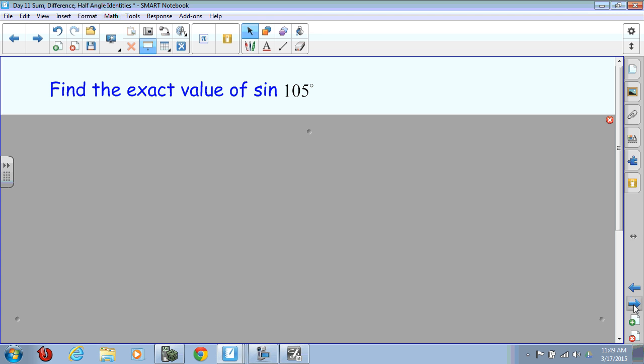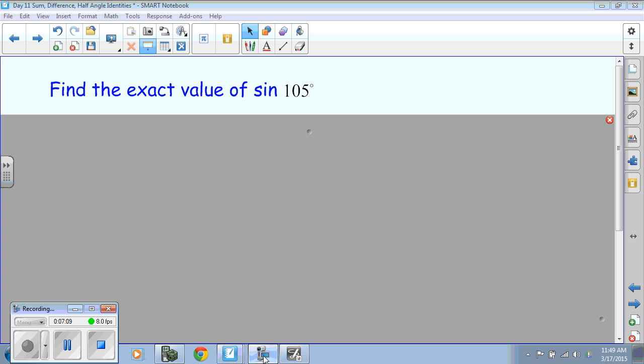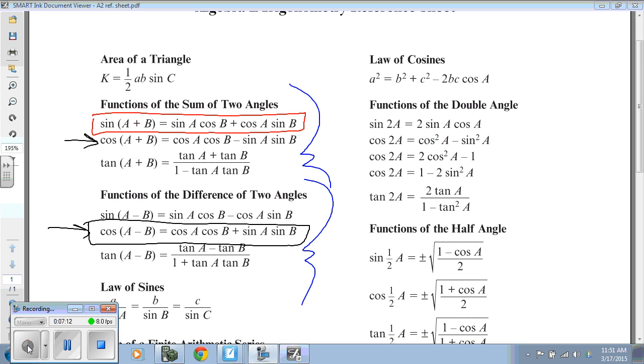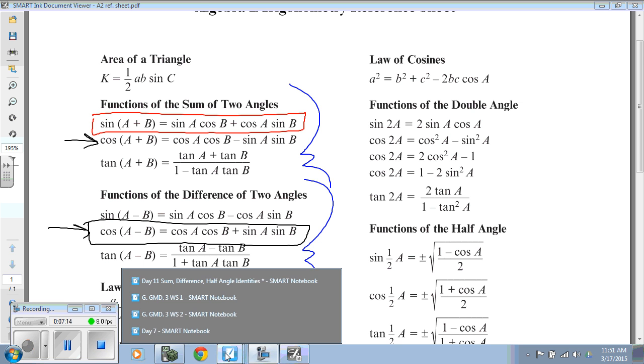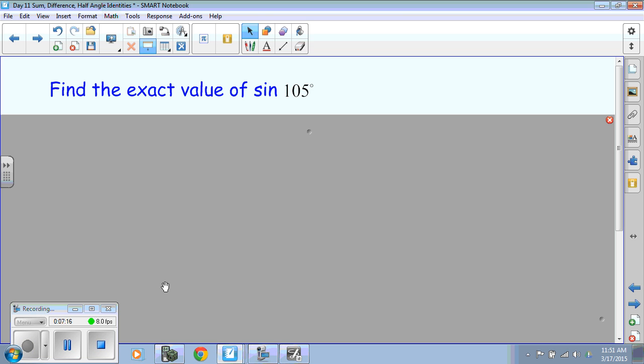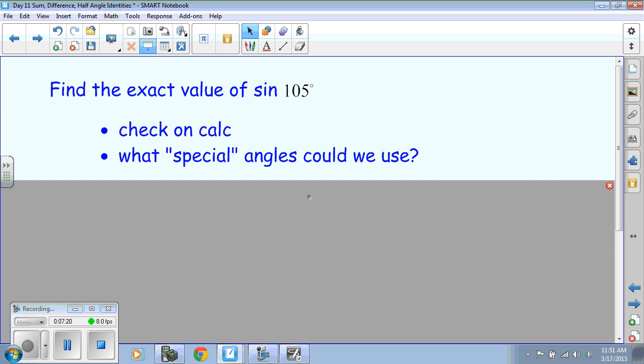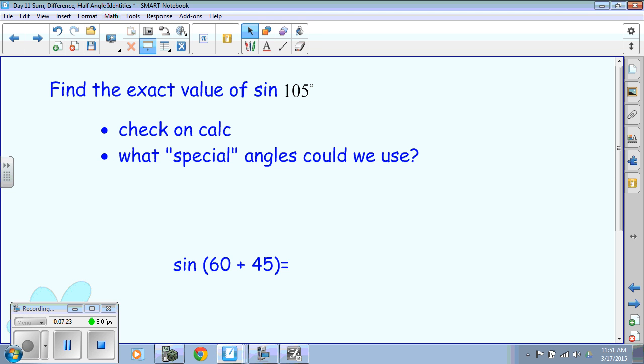Okay, why don't you try this one? Why don't you try finding the sine of 105 degrees? All right, so we're going to go back to our formula sheet and write that formula right out. So we check on our calculator first. Were there any other choices besides 60 plus 45?